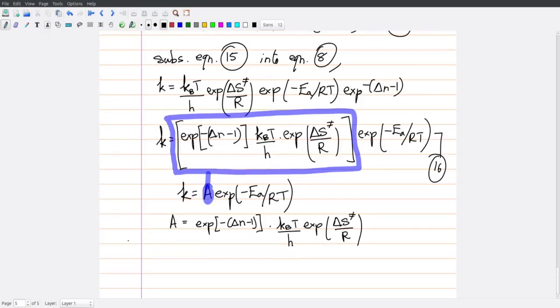Now for a unimolecular reaction, there won't be any change in the number of moles, so delta n will be equal to 0.